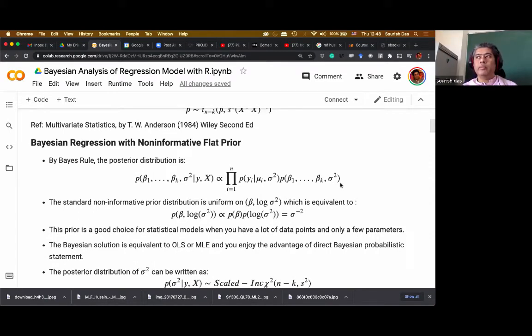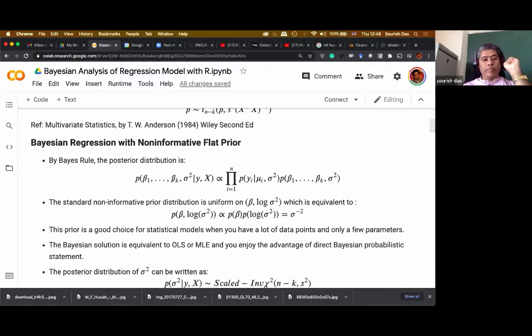In that case, people have also shown mathematical properties like boundedness, sparsity, and other things. When I'm saying sparsity, what is sparsity? The property of sparsity in regression is that you have beta 1 to beta k, these many coefficients.